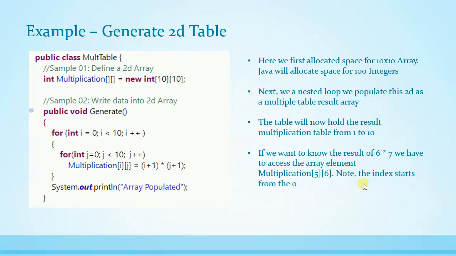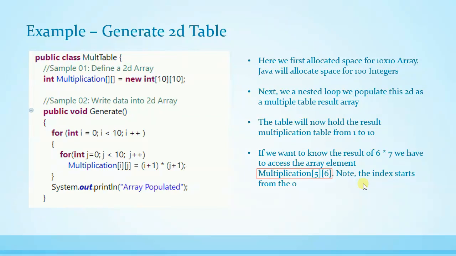If you want to know the result of 6 into 7, we have to access the array element through the two-dimensional array as multiplication[5][6]. Since the indexing starts from 0, we are not able to specify 6, 7 directly. So it will be 1 less than the operand.